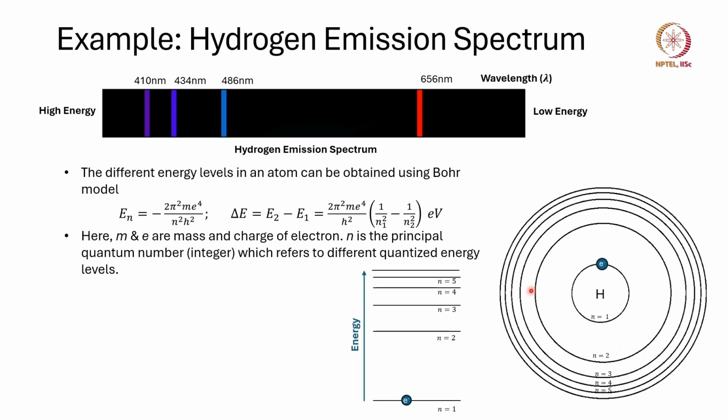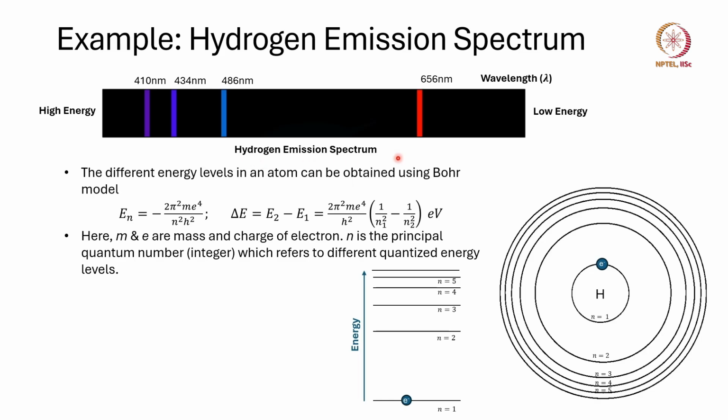However, when the energy is supplied to it, this electron can get excited to higher energy levels, which is n equal to 2, 3 or 4 or so on, depending on the energy supplied to it. Once the electron gets excited to higher energy levels, it loses energy in the form of light and transitions back to lower energy levels.